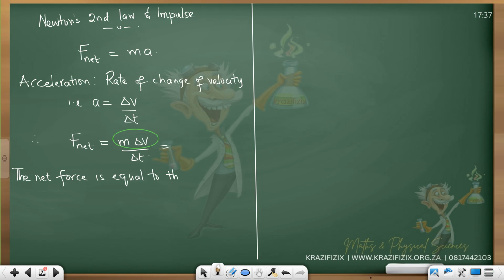What is that? That is delta P. So it's equal to the rate of change of momentum.